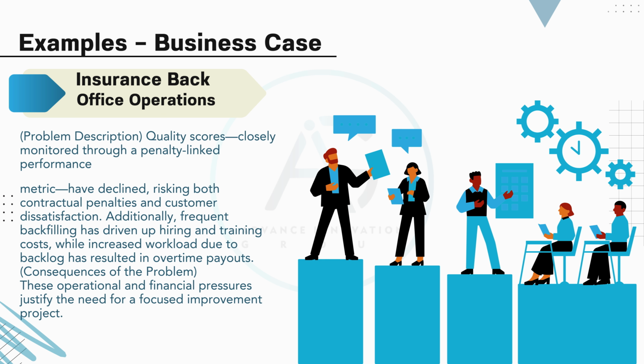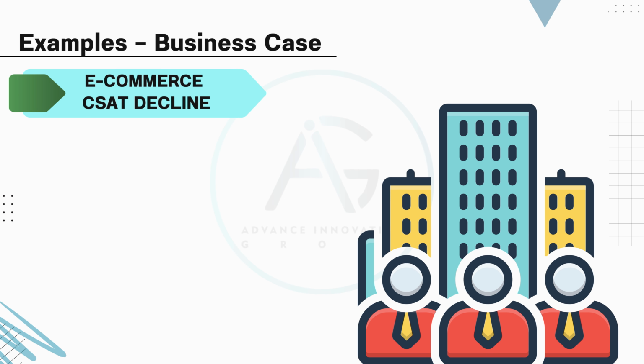At the same time, growing backlogs have led to overtime payouts, compounding financial strain. These issues justify the need for a focused improvement project. The slide effectively demonstrates how operational and financial pressures can form a strong business case for initiating a quality improvement initiative like Six Sigma.